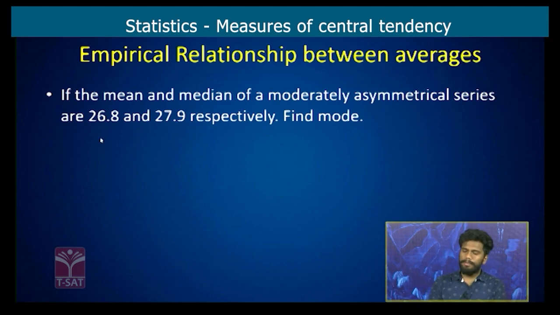If the mean and median of a moderately asymmetrical series are 26.8 and 27.9 respectively, find the mode. That's a direct question.